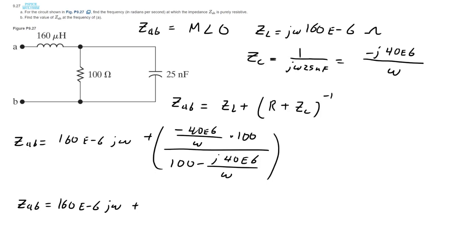Let's see. It's going to be 40 minus 40 E8 omega. Or not omega. Omega is going to go away. Minus 40 E8.